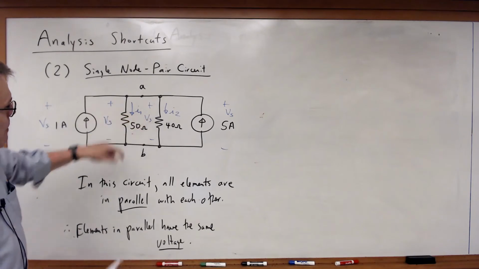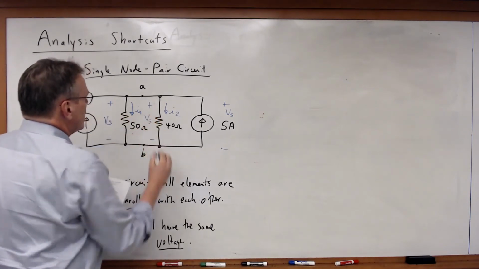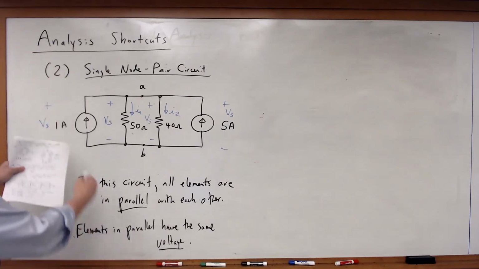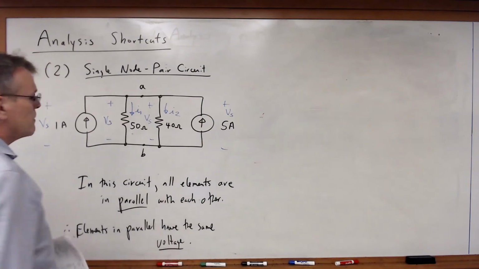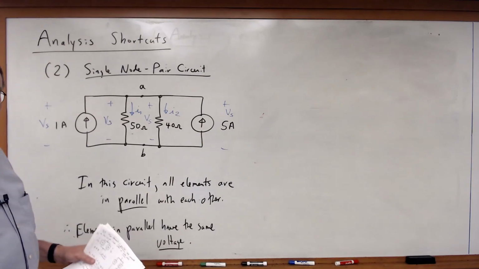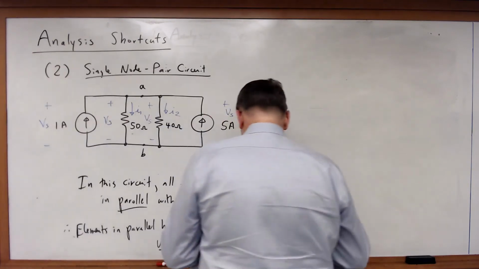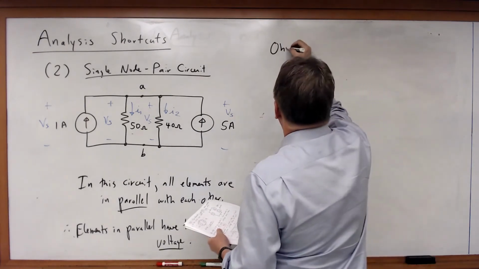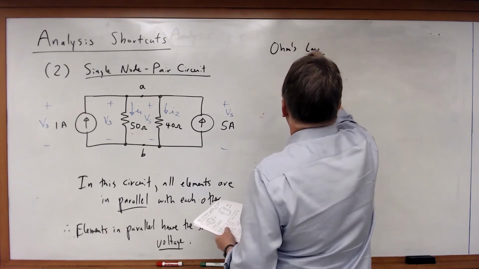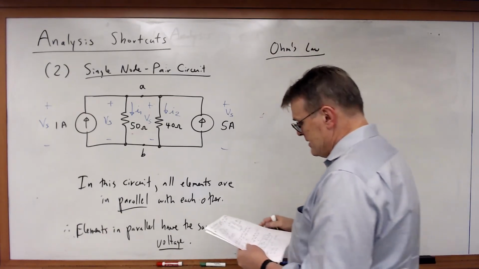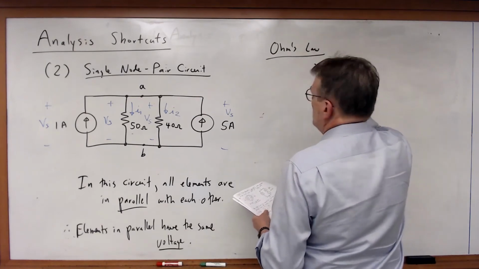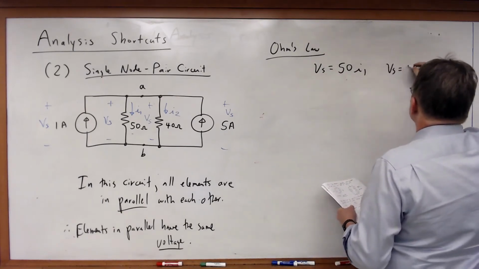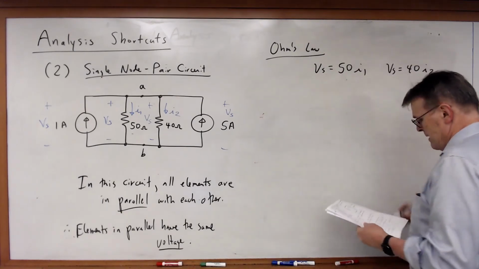Once again, applying the passive sign convention in order to make Ohm's law work for those resistors. I don't need to define any currents for the current sources. Of course, that's already given, already defined. So in this case, I can now go and write my equations. Ohm's law says that Vs is equal to 50 times I1. Vs is equal to 40 times I2.